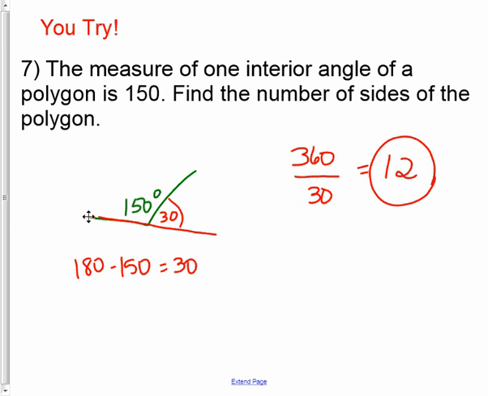Okay, you should have gotten 12. And a 12-sided polygon is called a dodecagon.